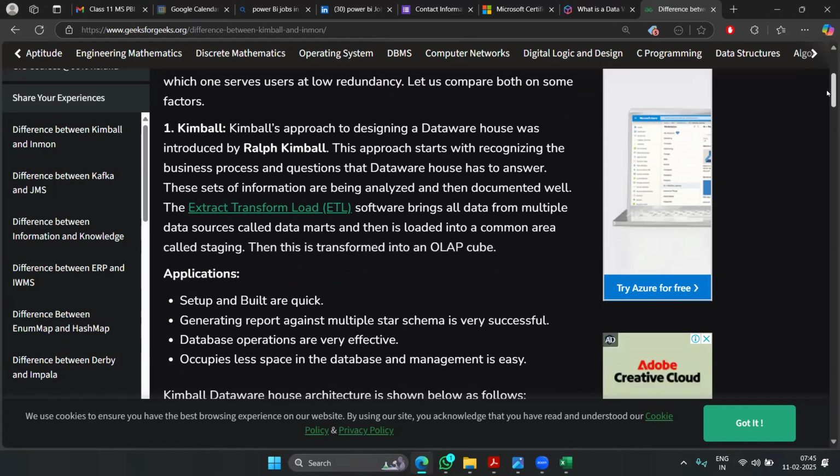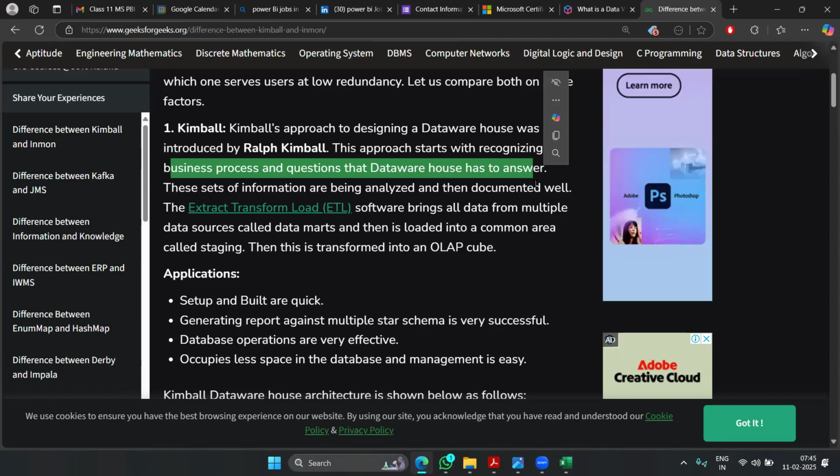Right. Now, if you see Kimball, the approach of designing data warehousing was introduced by Ralph Kimball. This approach starts by recognizing the business processes and the questions the data warehouse has to answer. So what Kimball has said is that when you take an organization, within the organization we are going to have different departments: HR department, finance department, sales department, right?